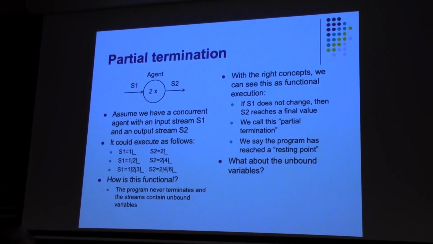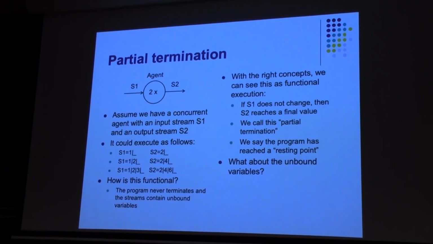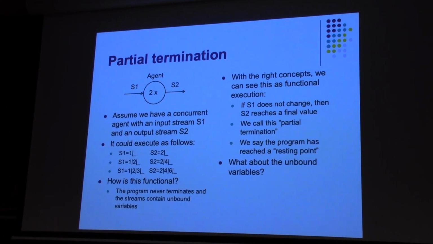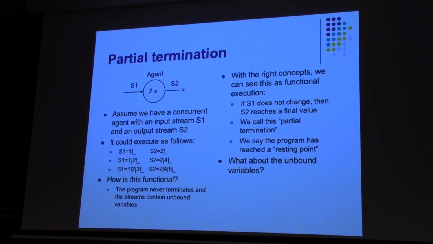Fine. If I extend the input stream, 1, 2, the output will be 2, 4. And I can keep extending it. So how is this functional? Because the program never terminates. It never really terminates. There's no end. The stream can keep growing forever. So there's really no termination.